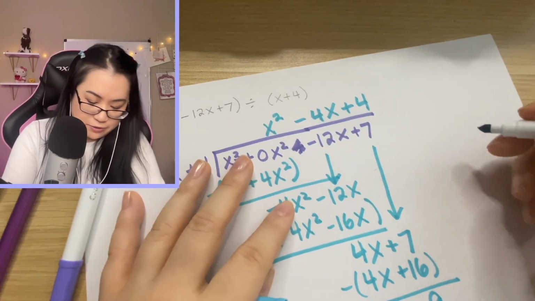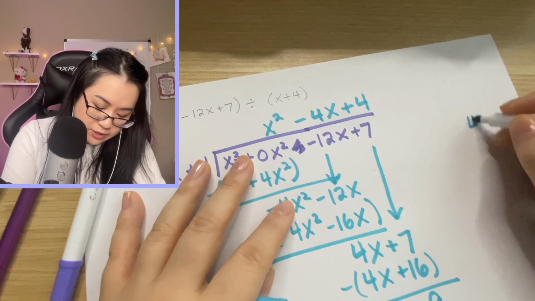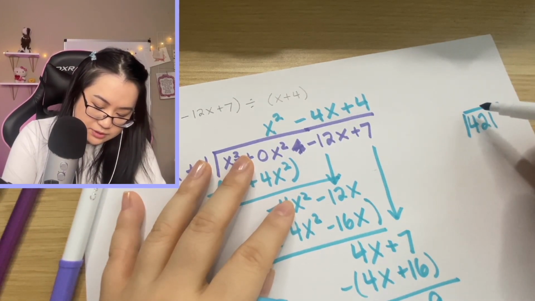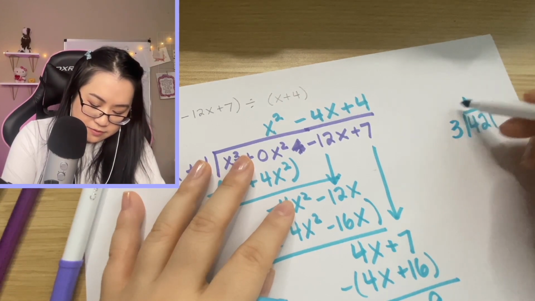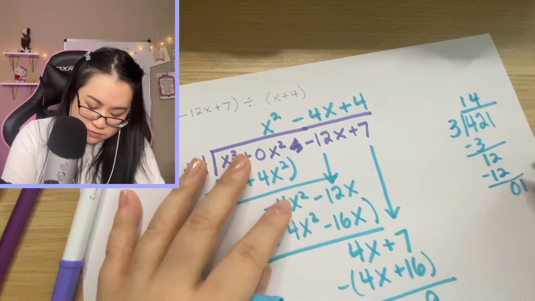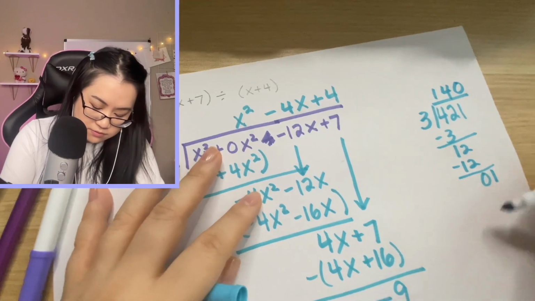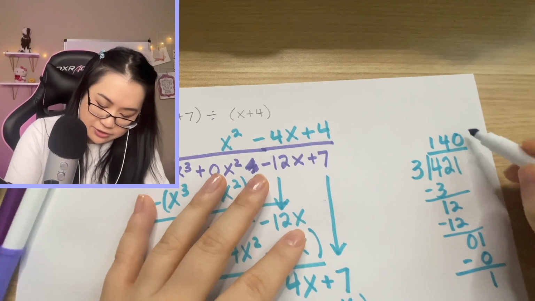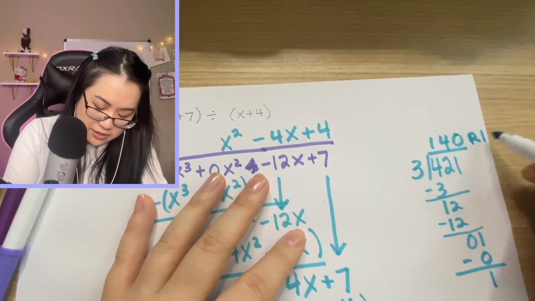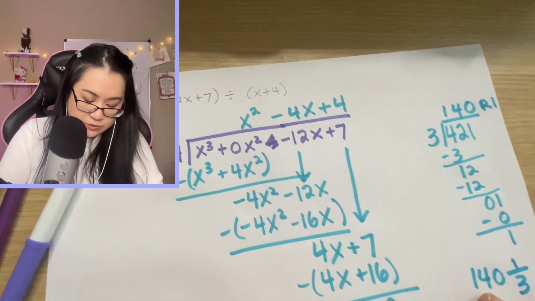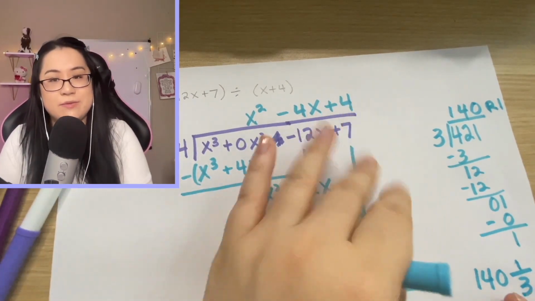Like if I were to do 421 divided by 3, I would have remaining 1. So you'd either do 140 remaining 1, or 1 over 3 as a fraction. So here, normally we wouldn't write remaining negative 9.